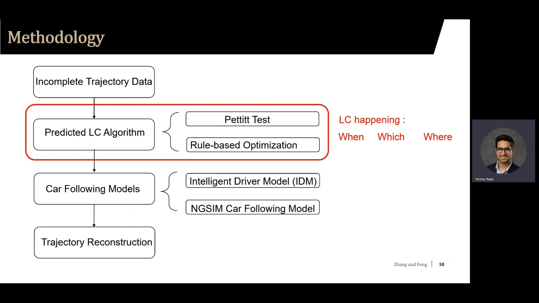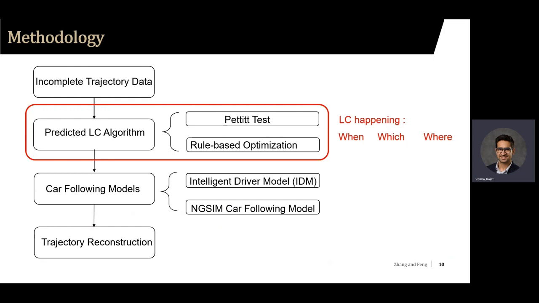So let's go to our methodology. First, we input our incomplete trajectory data, and then we predict the lane change. First, we apply the Pettitt test, and then we utilize a rule-based optimization algorithm.